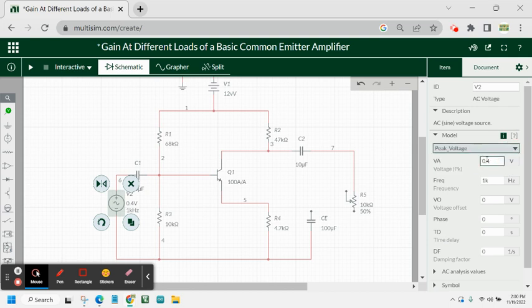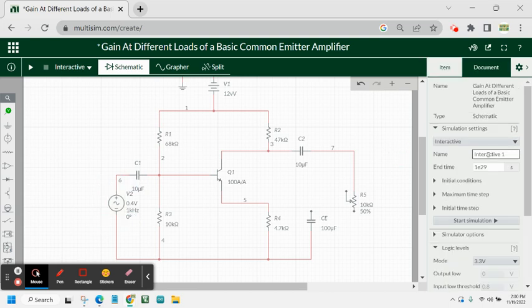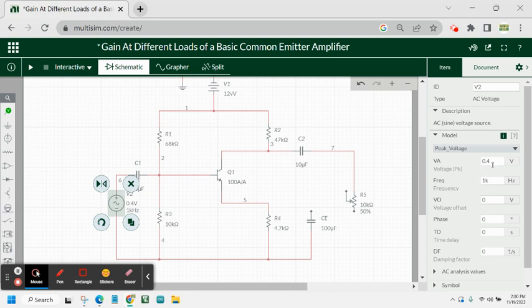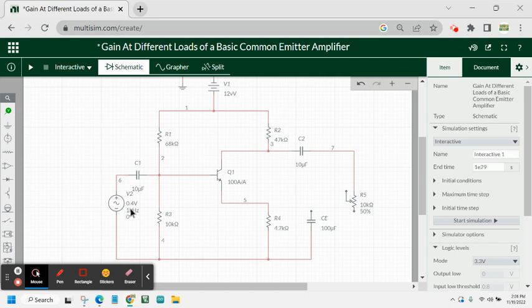For example, let's use 0.4 volts as our VP input, and that is the peak voltage input.